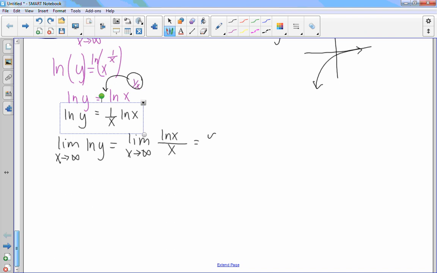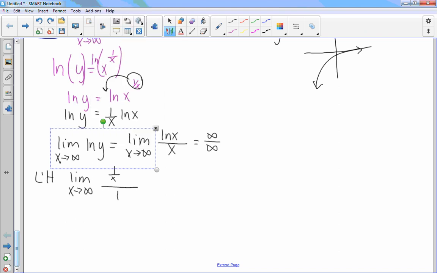With these ones, we should be able to do L'Hopital's rule pretty quick. Limit as x approaches infinity. Ethan, what's the derivative of natural log x? 1 over x. And then we do the derivative separately for the denominator, which is, well, natural log y is this.